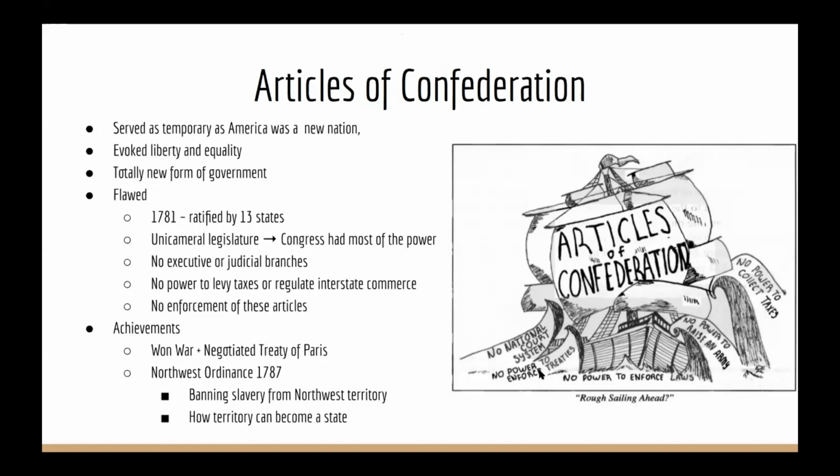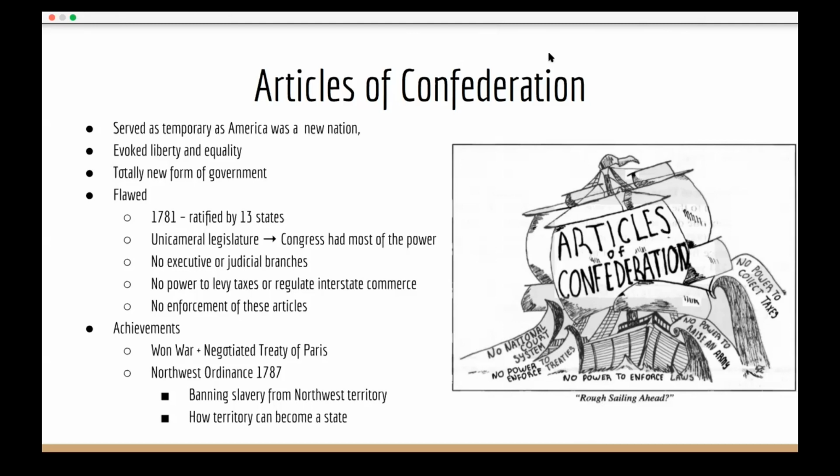We have no power to enforce treaties, no power to enforce laws, no power to raise an army, no power to collect taxes, no national court system. We talked about the no executive or judicial branch. So it was just really hard for the Articles of Confederation to actually pass through smooth water. It was very rough, as the caption says, rough sailing ahead.